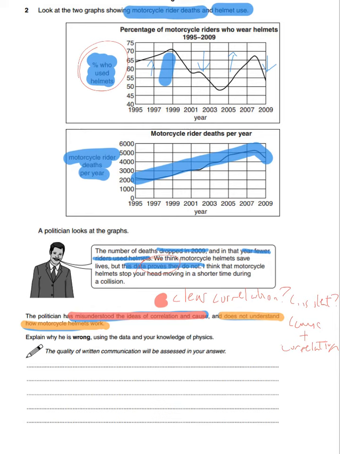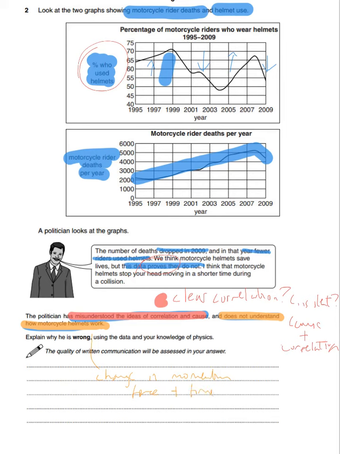And then we'd move on to the idea that he doesn't understand how motorcycle helmets work, and we'd want to link that to an equation, and the equation is to do with change in momentum. And it links to force and time, and it's exactly the same.